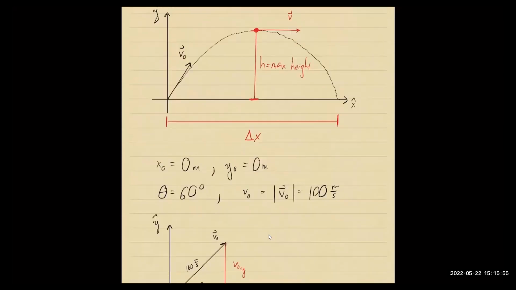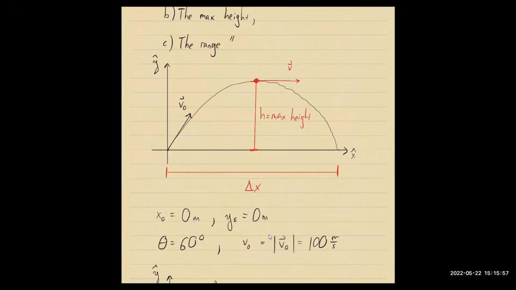So I want you guys to notice that if our projectile, whatever it is, starts and lands at the same height, in this case y is equal to 0, then it takes just as much time for the object to go up as it does to come back down again.